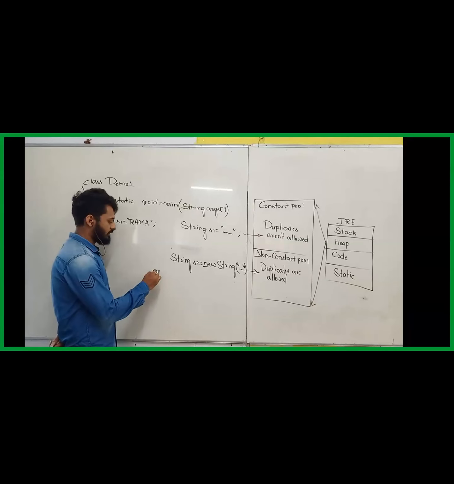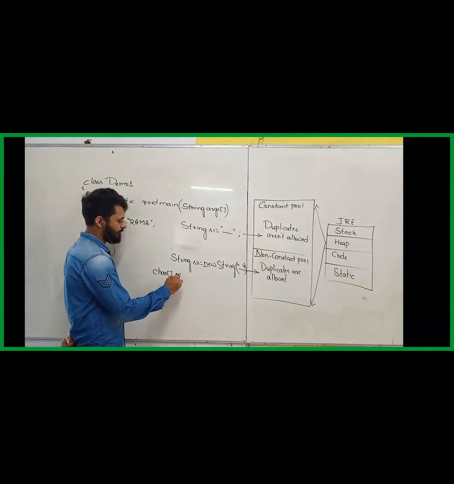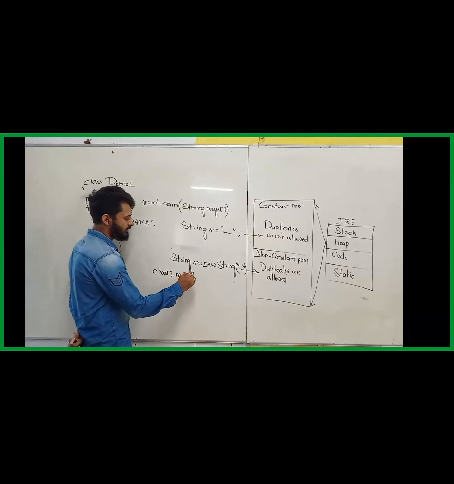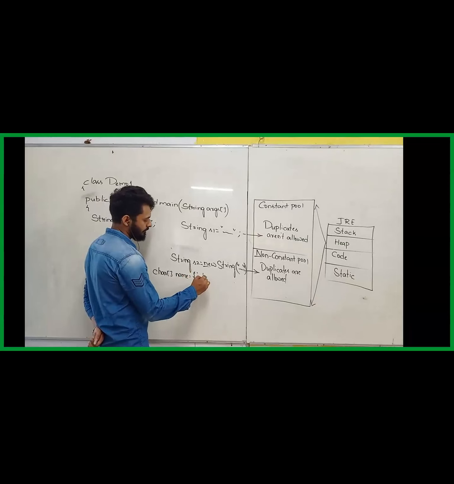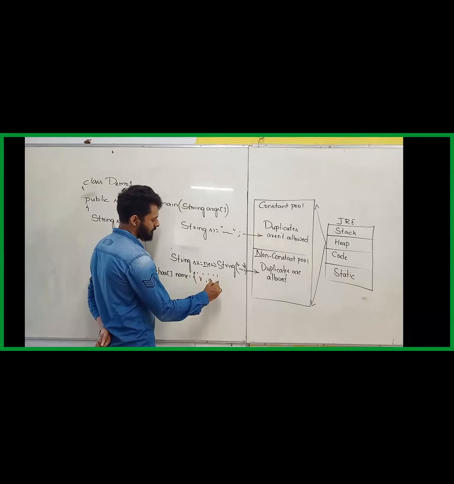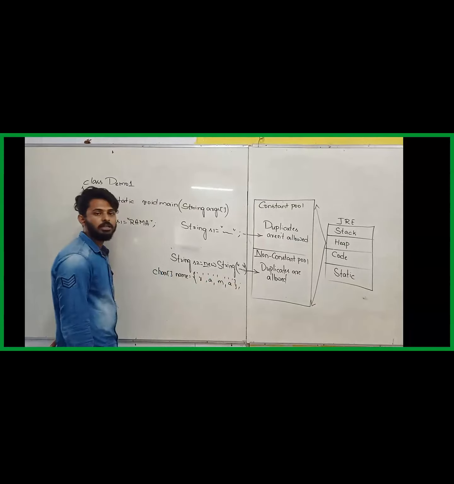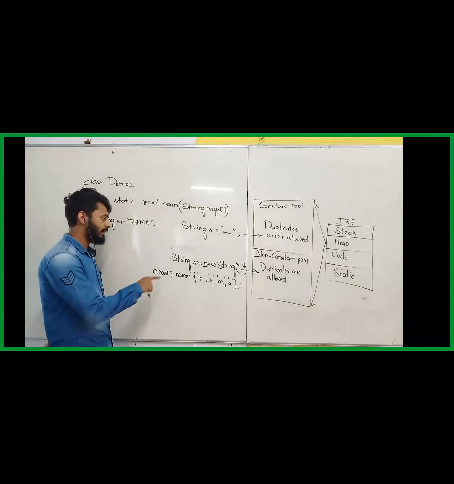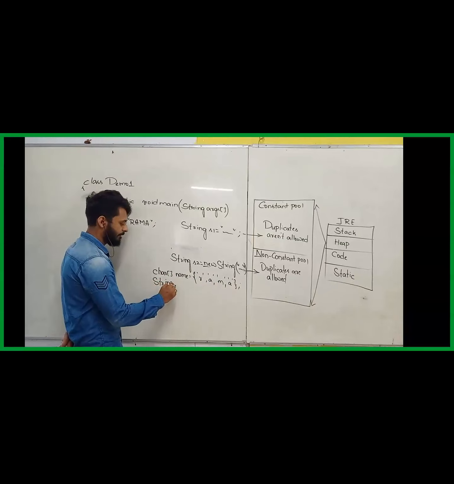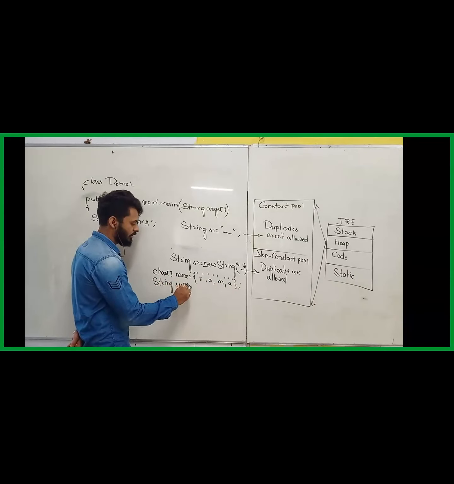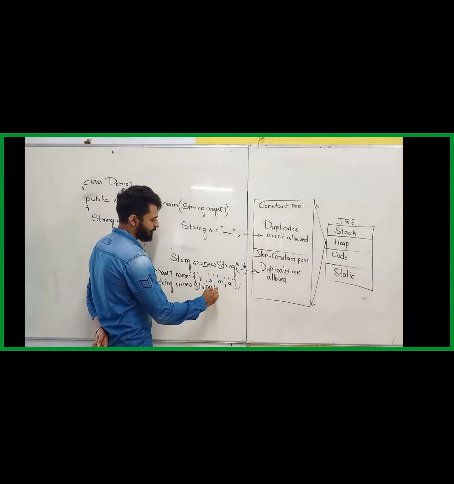But again, it is something like you will take a character array as name and you will assign something like this. Now this is a character array and then you will use this statement, String s1 equals new String, and then what I will pass here is that array.